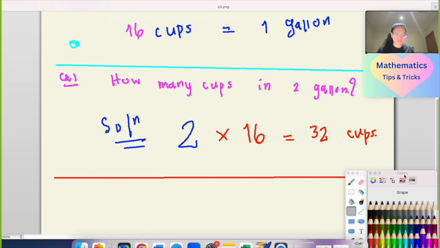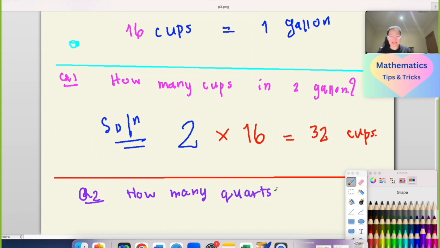I would like to know, it's similar to what you learned and what you confuse: how many quarts in 10 US gallons? How do you solve it?